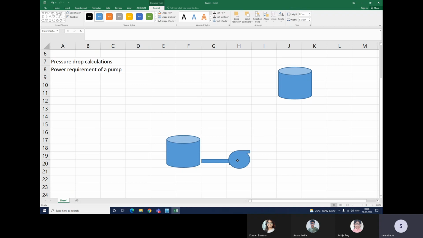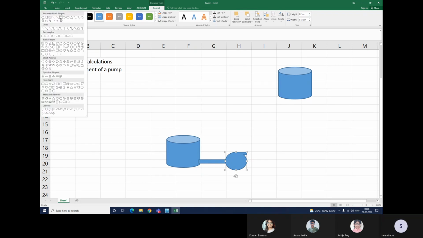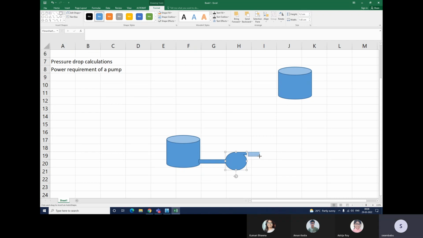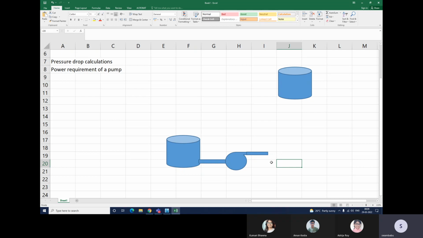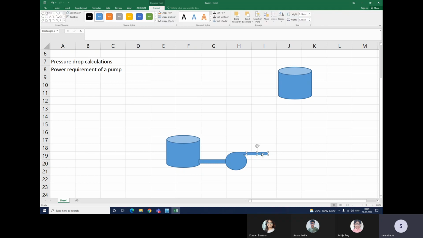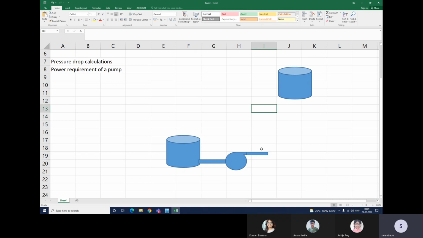So this is the inlet from the storage tank, and the pump is connected, and from this the fluid will be transported. Here sometimes we use elbows and bends. Sometimes we use valves, joints, connectors, many things in the typical process industry.